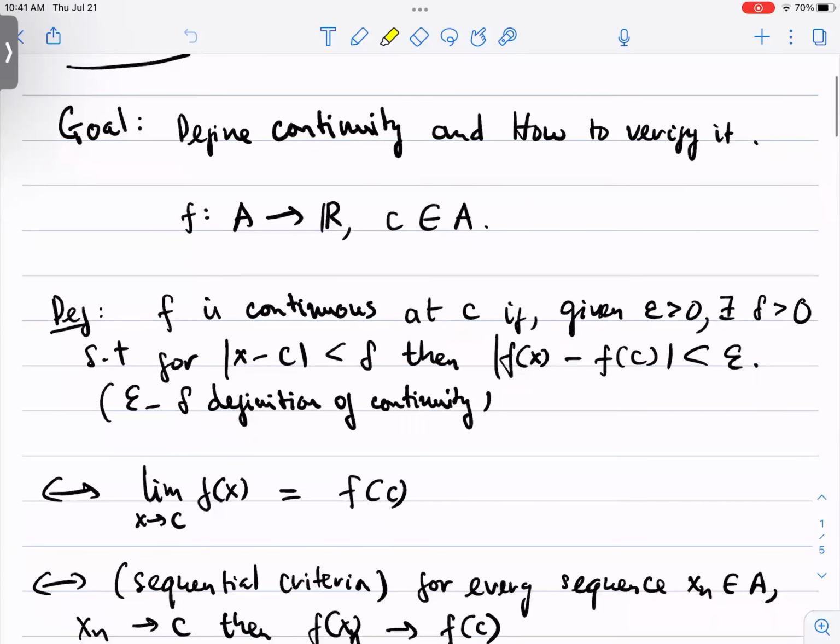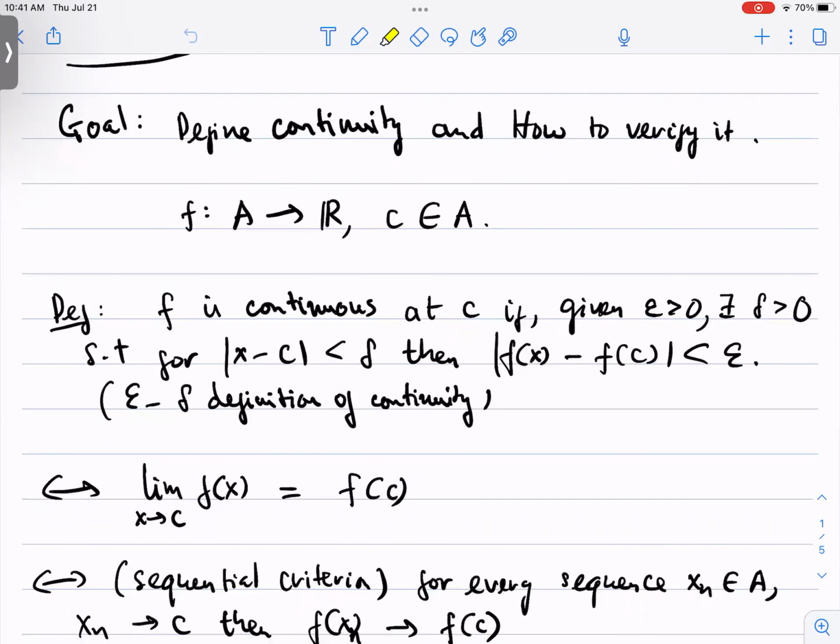Here is the definition of a continuous function. A function f is continuous at c if, given epsilon greater than 0, there exists delta greater than 0 such that for |x - c| smaller than delta, then |f(x) - f(c)| is smaller than epsilon.